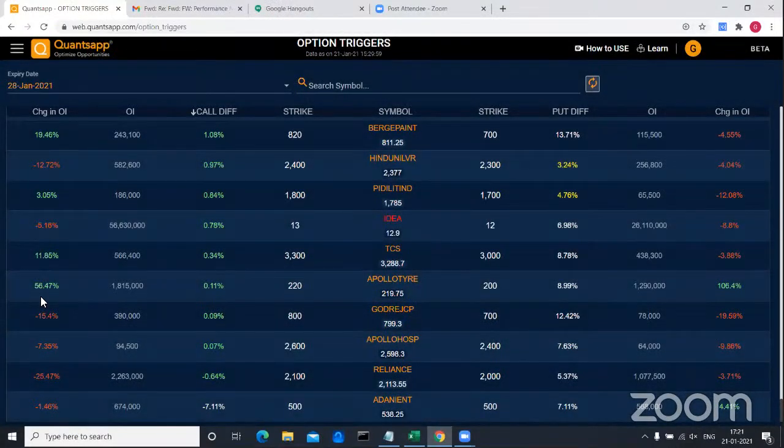there's still a lot of call addition that has been seen here, which shows the call writers are more confident, that they have increased their positions. So there's an increase in the OI at this particular level.